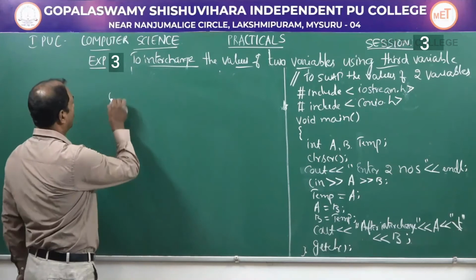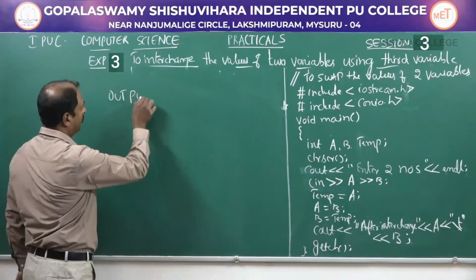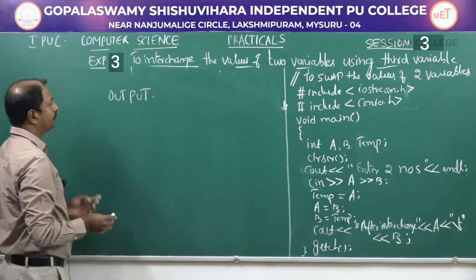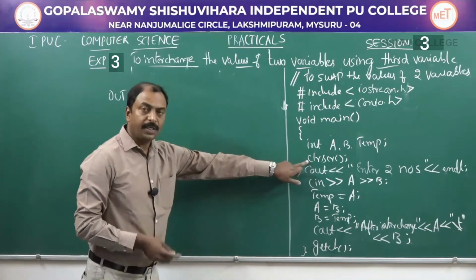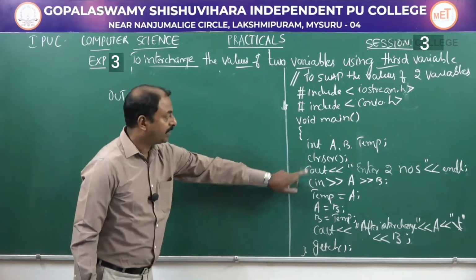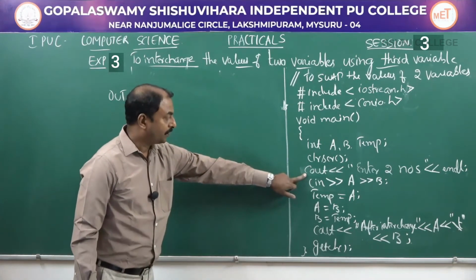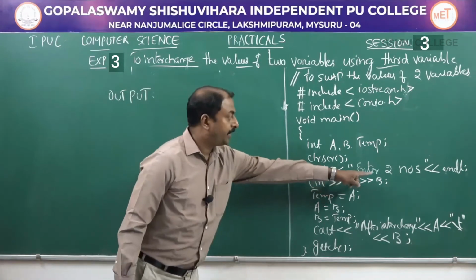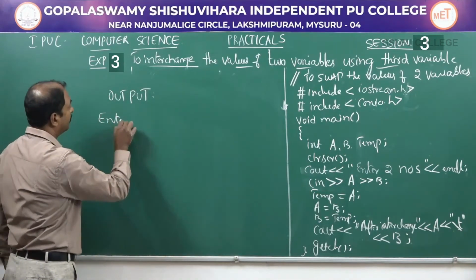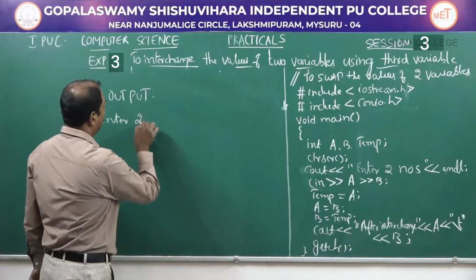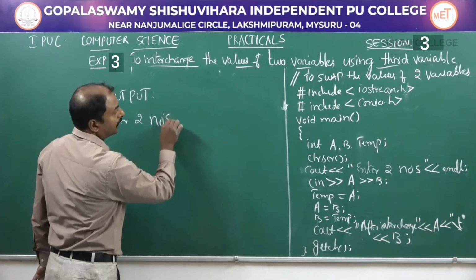The output of the program would be as follows. See, in the executable section, first clear screen, so the output will be cleared first. Then, because of this output statement, enter 2 numbers will appear here. The first line we get here is enter 2 numbers.